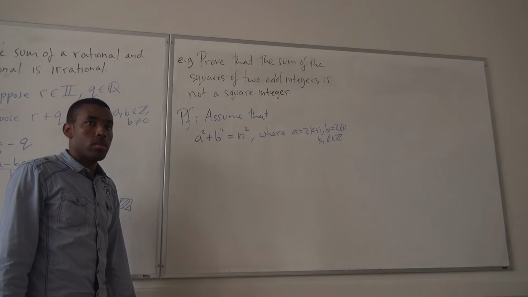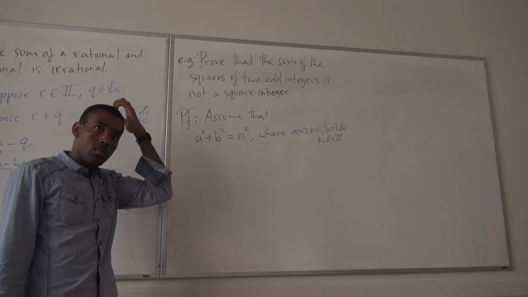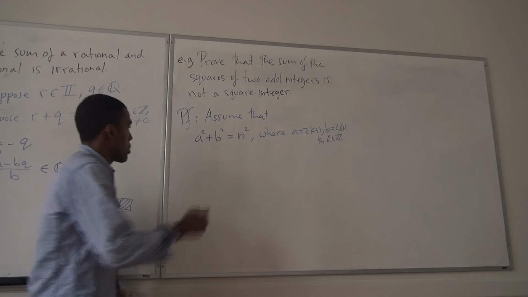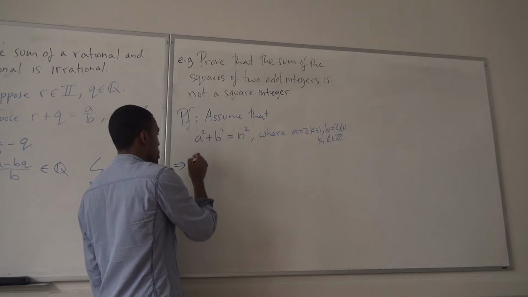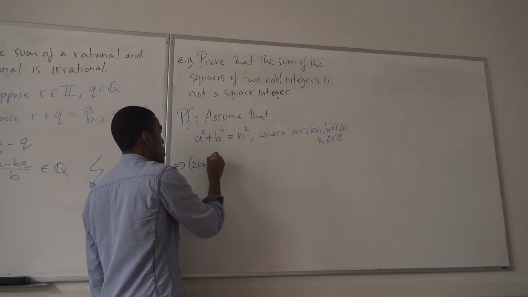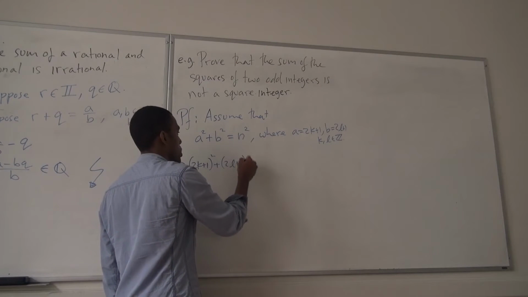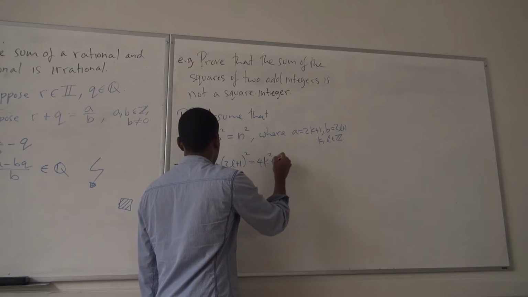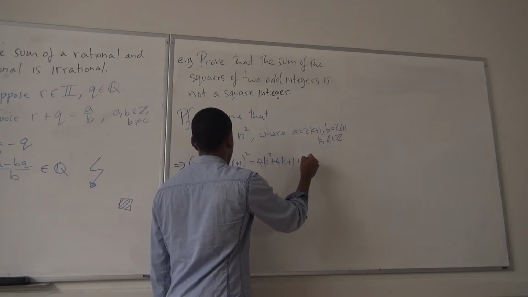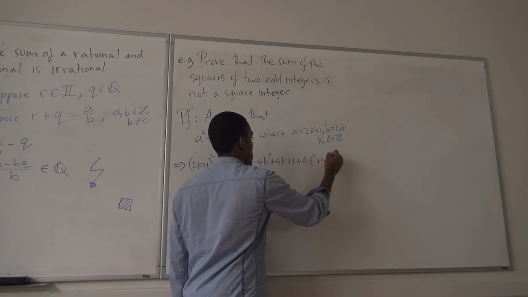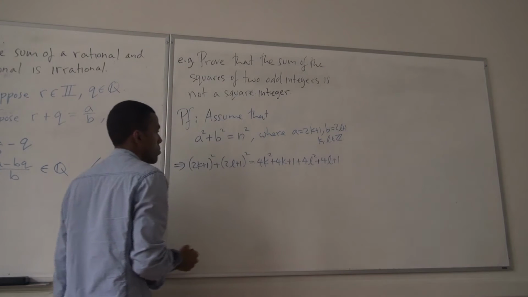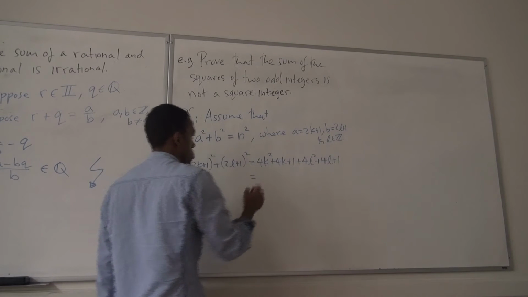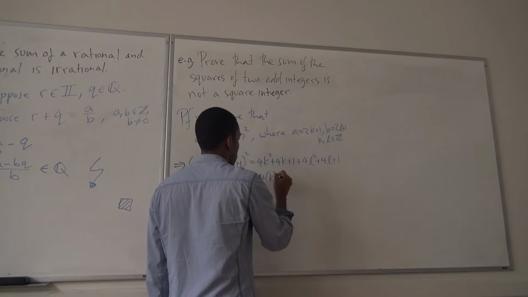It's possible for a square to be even. 16 is a square, it's even. Right, that wouldn't be a contradiction. So let's actually just plug these guys in and see what we find. If I take 2k plus 1 squared plus 2l plus 1 squared, that's actually equal to 4k squared plus 4k plus 1 plus 4l squared plus 4l plus 1. Equal, I don't know, there's a common 4.